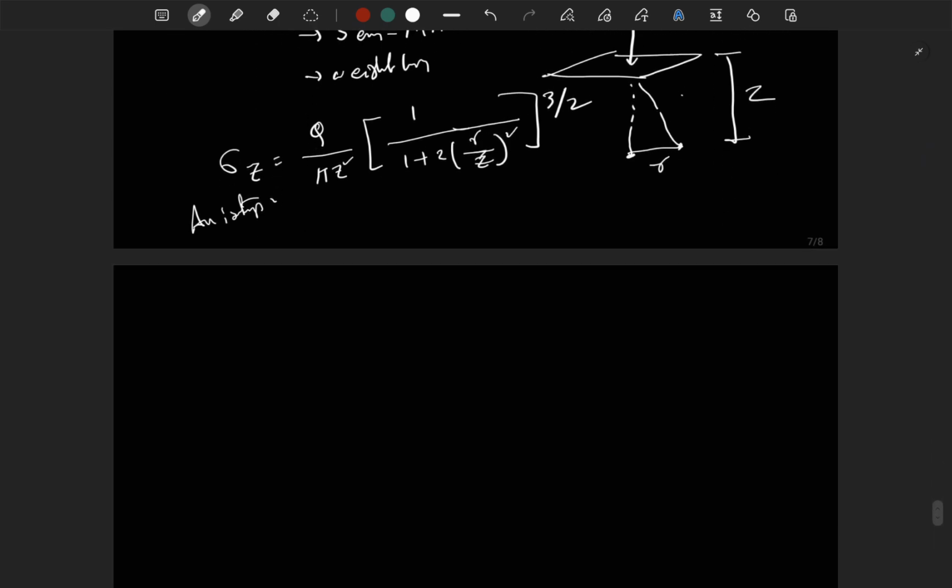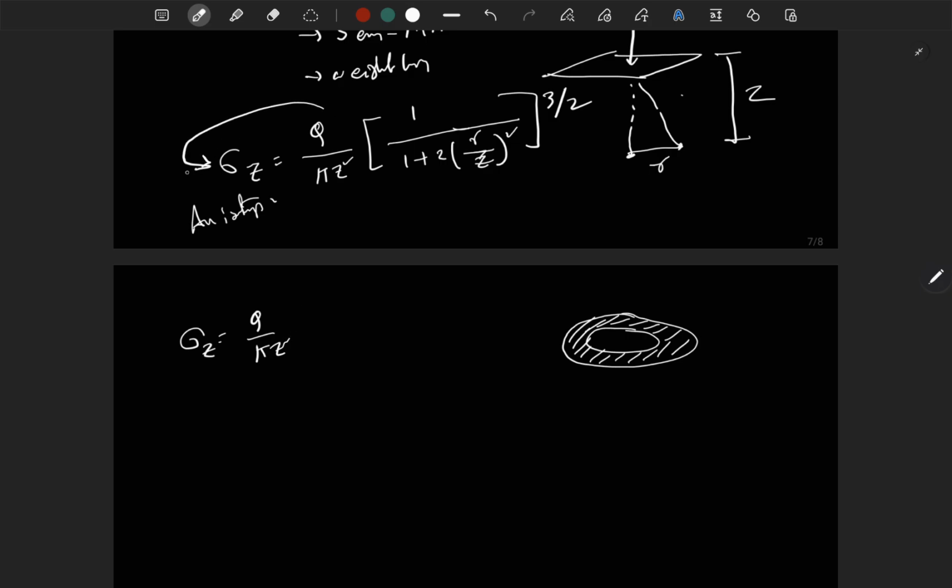Okay, and for a circular section, for example, if there is a load imposed in this way on the ground, in that scenario the stress sigma z becomes q by pi z square, similar to this one.